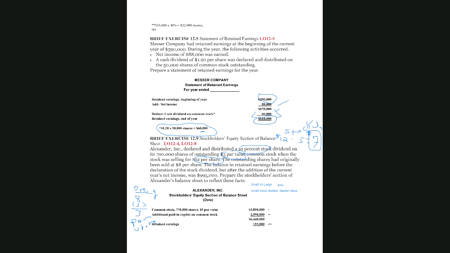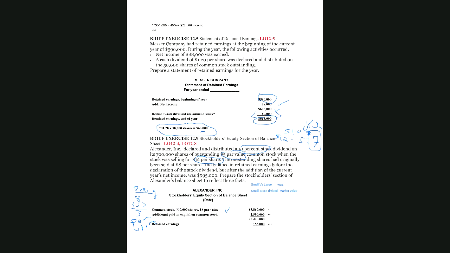Now it asks you to prepare the shareholder equity section of the balance sheet. You know this. Whenever you think of shareholders' equity, that's the last section on the balance sheet. We only have common stock outstanding here.